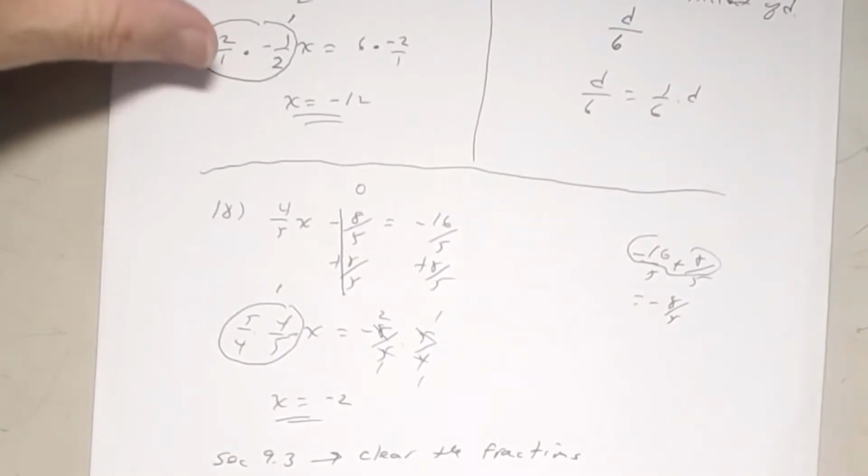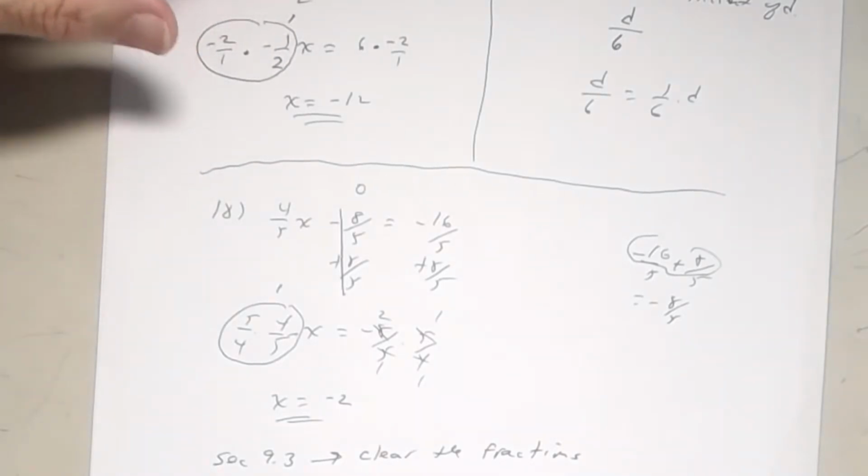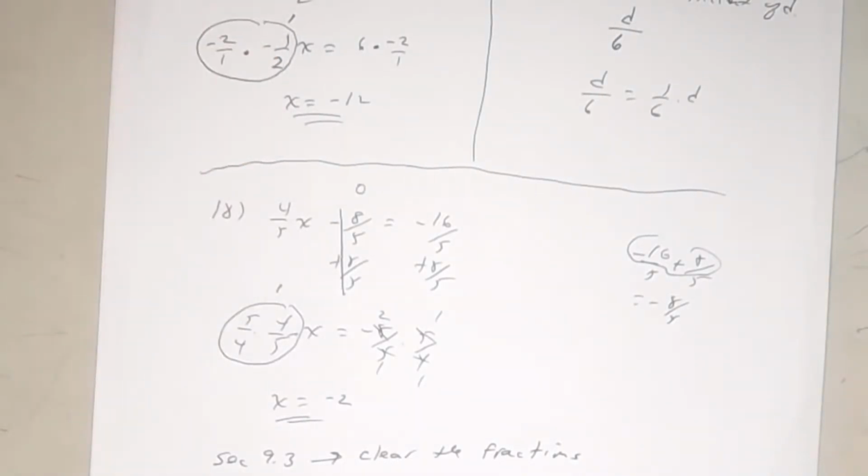So your steps are the same. Remember, the first step is, if you have parentheses, get rid of the parentheses using the distributive property. Then you simplify by combining like terms. Then we use the addition property of equality, combine like terms, and then always the last step was what property? Multiplication property of equality. All right, so if you have fractions, though, the first thing you want to do is clear your fractions.